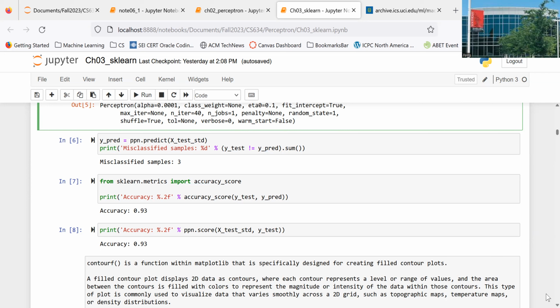So you want to know how accurate the model is. From the sklearn metrics, you import accuracy score. Then you can find your model's accuracy. And you can also use the score method with the testing data to find the model accuracy.